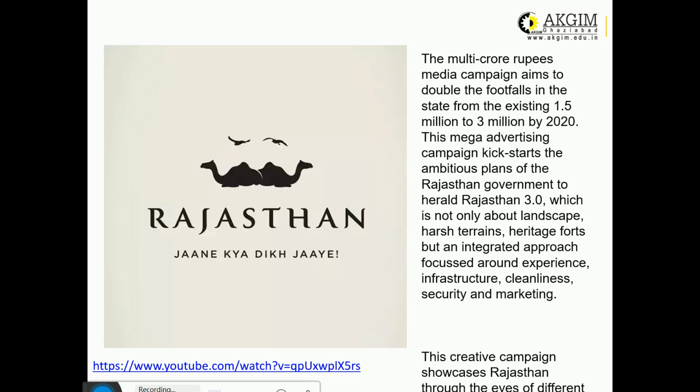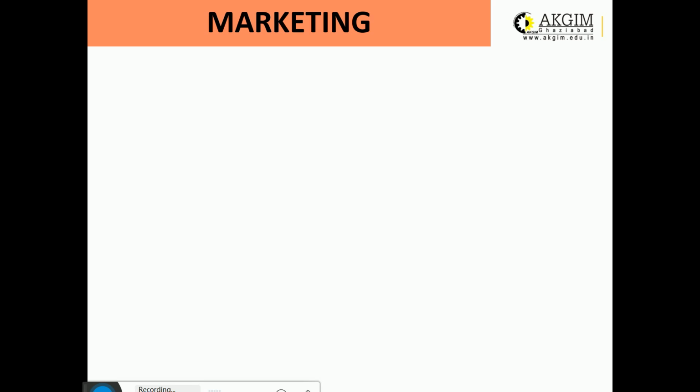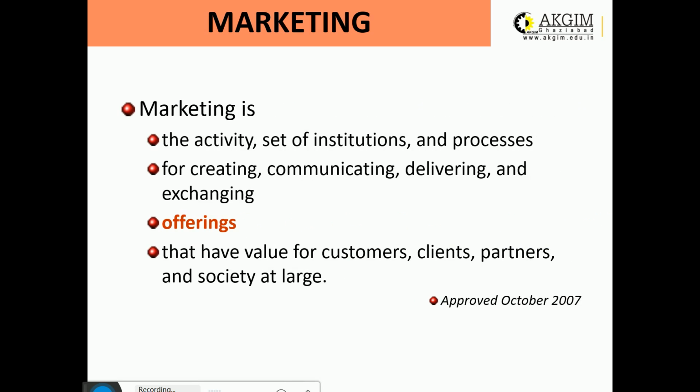This mega advertising campaign kickstarts the ambitious plan of the Rajasthan government, under the Government of India's Incredible India, to herald Rajasthan 3.0, which is not only about landscape, harsh terrains and heritage forts, but also an integrated approach focused around experiences, infrastructure, cleanliness, security, and a lot more about what you can see when you visit Rajasthan. This is one of the beautifully and creatively designed campaigns.